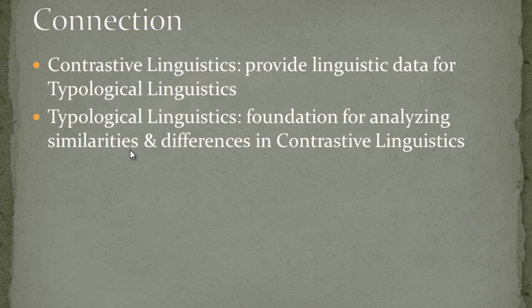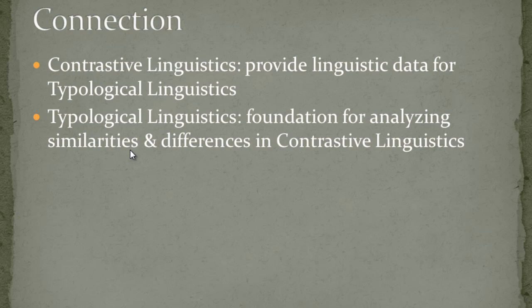At the end of this course, you need to write an essay, and that essay is contrastive linguistics. It will consist of three parts. We will discuss the methodology and the teaching and all those things later on.